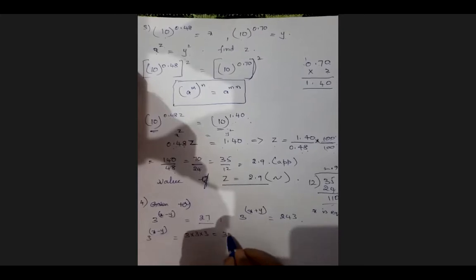So here it is given 3 power x minus y is equal to 27, which can be written as 3 into 3 into 3, that is 3 power 3. And 3 power x plus y can be written as 243, which is 3 3s are 9, 9 3s are 27, 27 3s are 81, 81 3s are 243. That is 3 power 5.